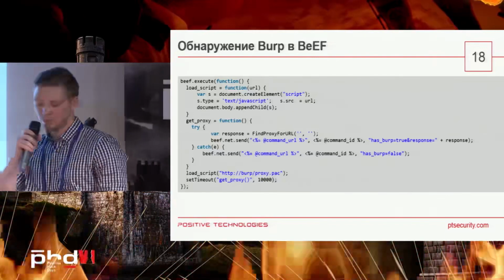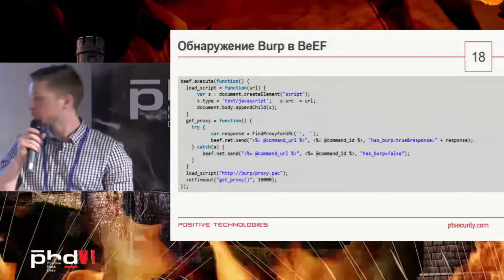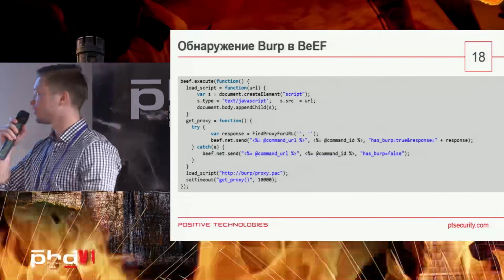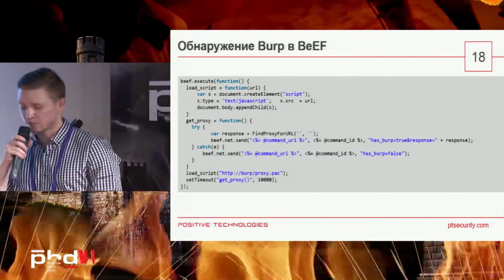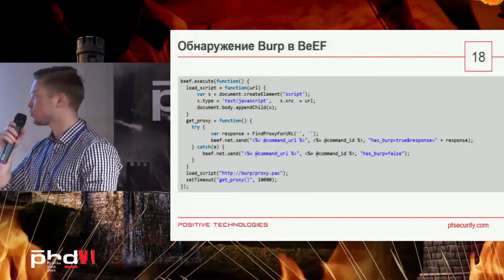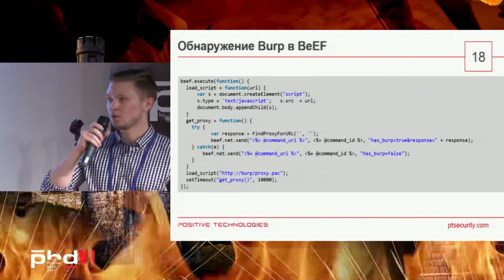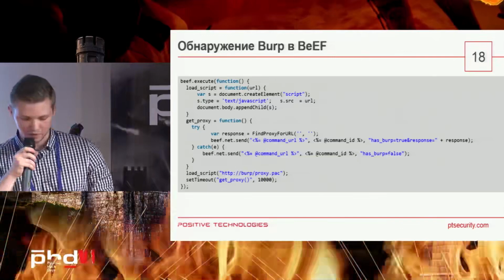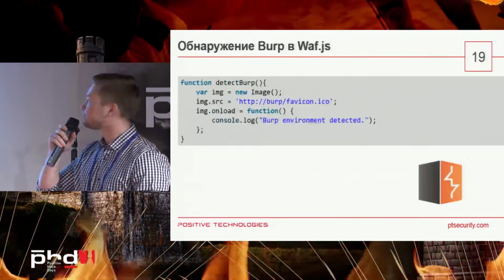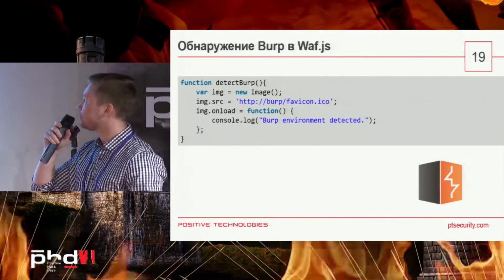We use Burp and proxy paths here. Burp renders a script that allows to set up the proxy automatically. If in the user's browser this name is resolved, we can say that there is Burp working on it, and that the browser is running via a Burp port.